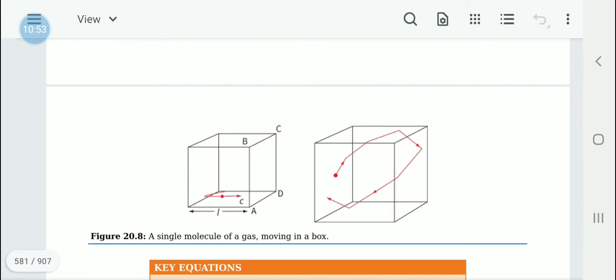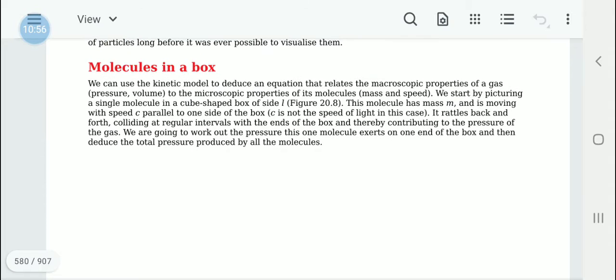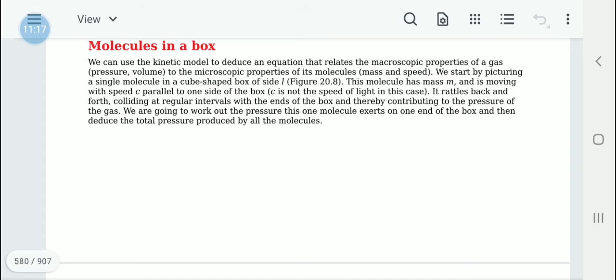We take only one molecule. Then we consider the molecule to have a mass m and it is moving with speed c. Please do not confuse this with the speed of light, because we are going to get the equation mc that does not deal with the speed of light. Speed c is parallel to one side of the box, right?